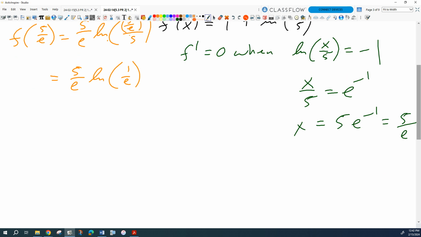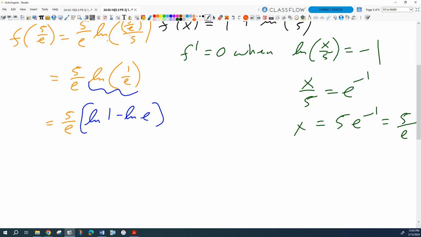The log of 1 over e is the same thing, by properties of logs, as the log of 1 minus the log of e, right? What's the natural log of 1? Natural log of 1 is 0, right?